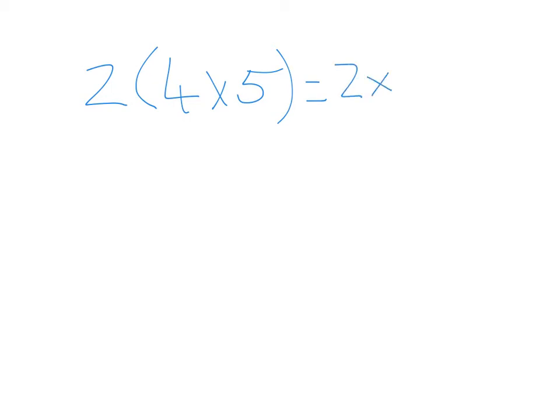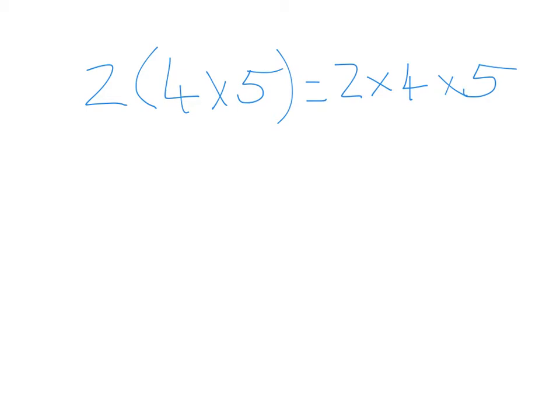Just a quick side note: the distributive law is not used when the terms inside the brackets are multiplied or divided, only when they are added or subtracted. So for example, when we are given 2 times (4 times 5), this actually equals 2 times 4 times 5.